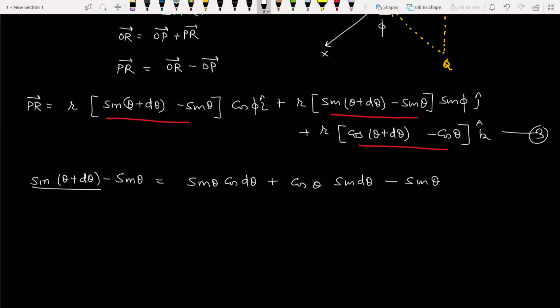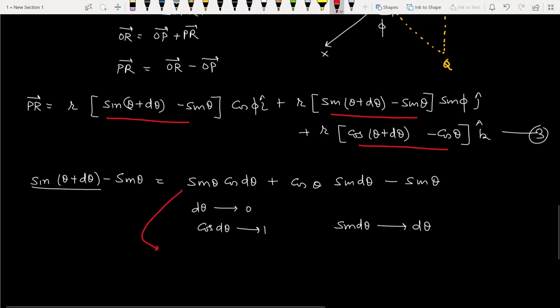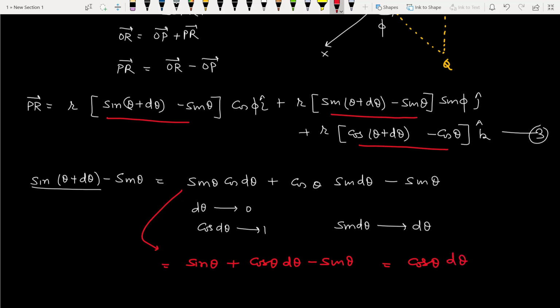As d theta is tending to 0, it is very small, so we write cos d theta tending to 1, sin d theta tending to d theta, and if we use these two values in the equation, what we get here is sin theta into 1 plus cos theta d theta minus sin theta. So this term will be cos theta d theta, this term cancels out.